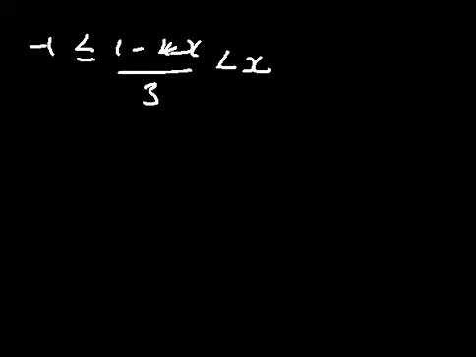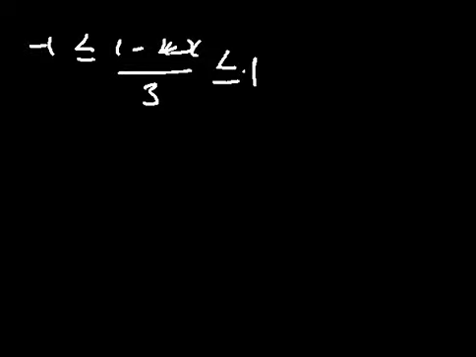And let's say we have this case: negative 1 less than or equal to (1 minus 4x) divided by 3, less than or equal to 1.